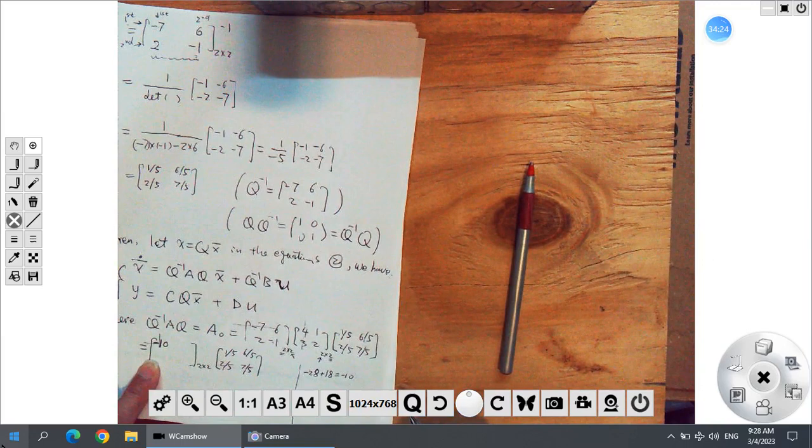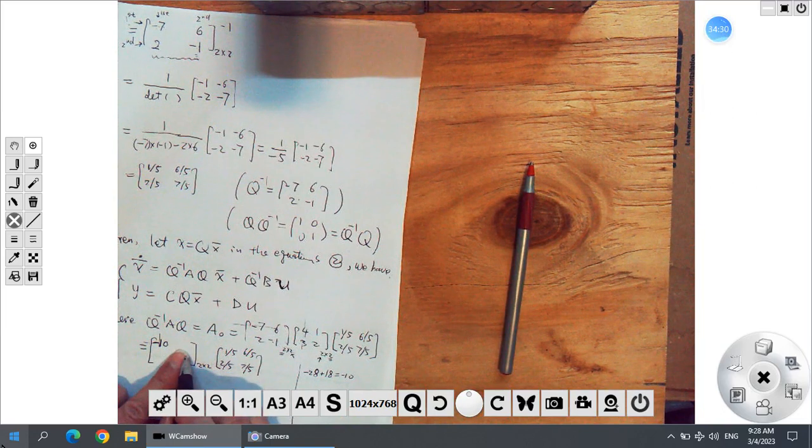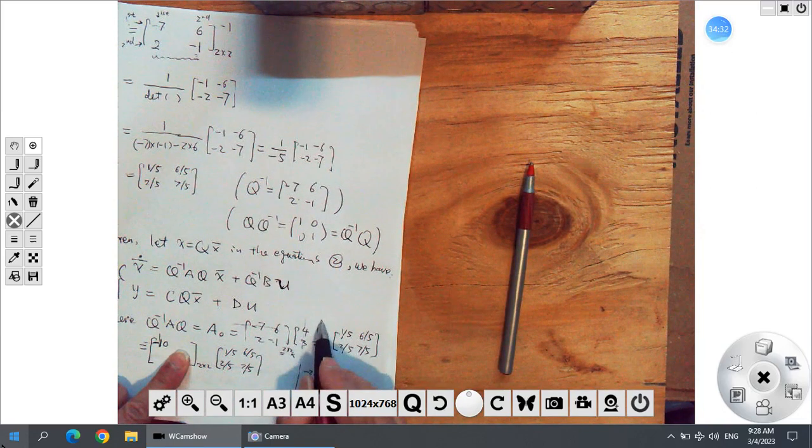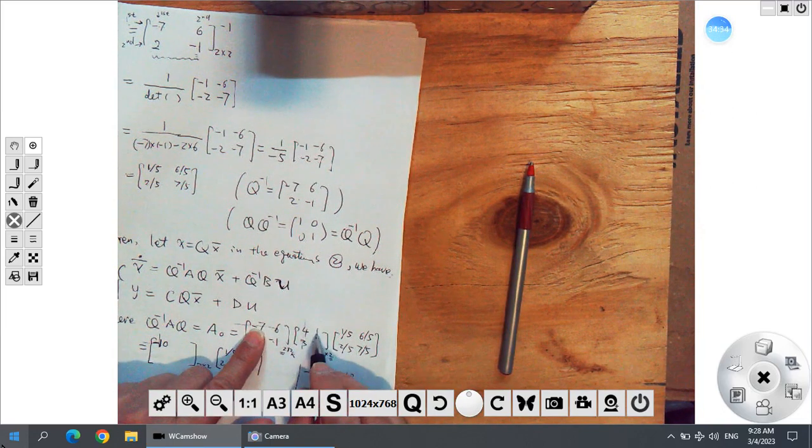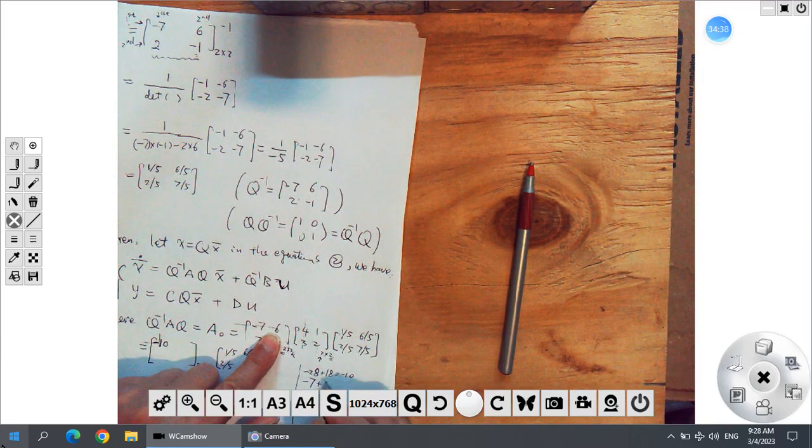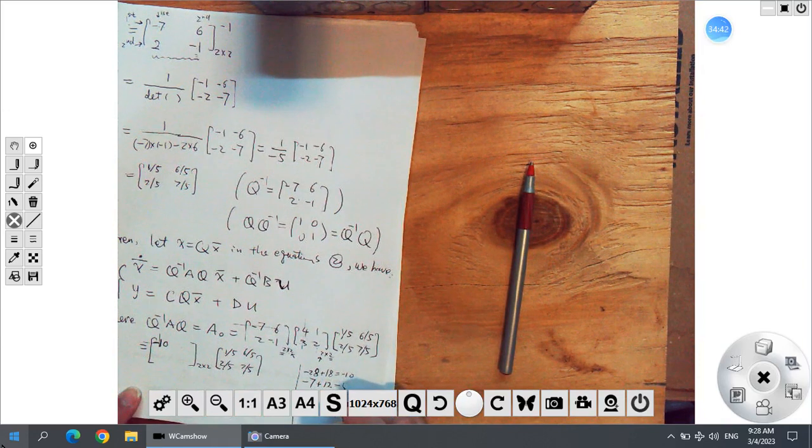And then first row, second column. So I have -7 times 1 plus 6 times 2. So this is positive 5.